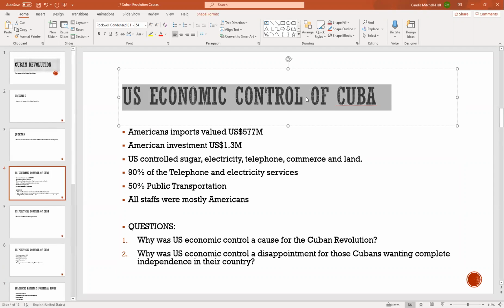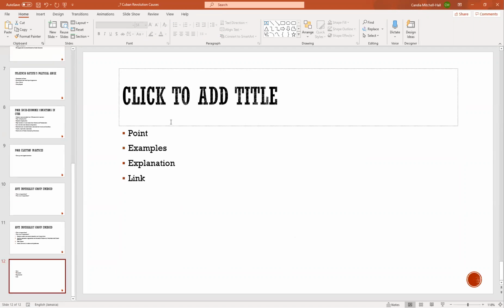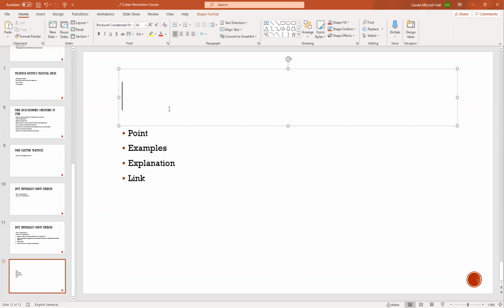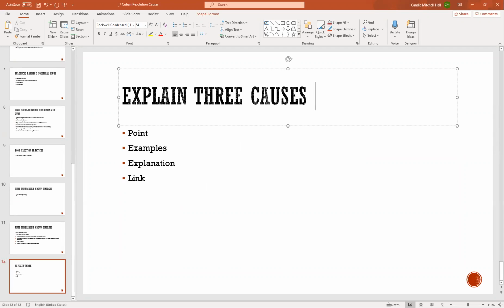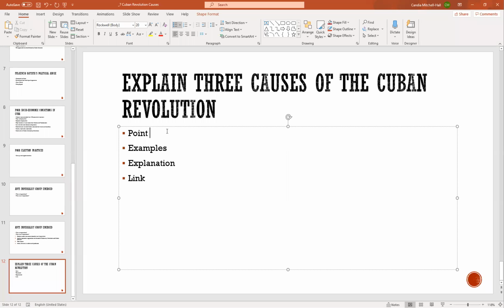U.S. economic control of Cuba. So if you're going to the exam and they ask you, explain 3 causes of the Cuban Revolution, right? 3 causes of the Cuban Revolution.